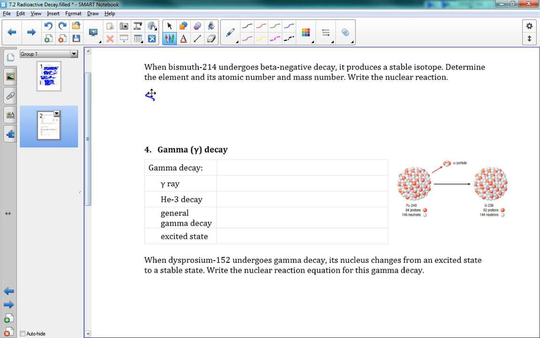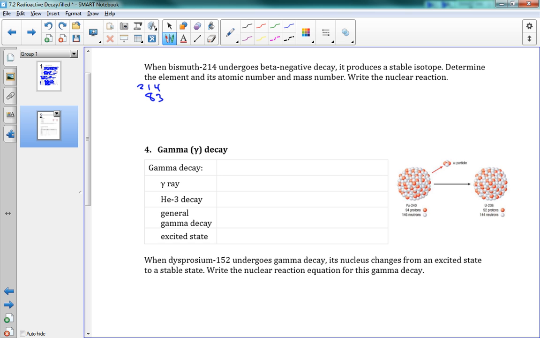We have our 83 214 bismuth. I found the 83 from the periodic table as well. So it says, when bismuth 214 undergoes beta negative decay, beta negative, that means it's losing an electron. So when it does this, it produces a stable isotope. We want to determine the element, atomic number, mass number, and nuclear equation.